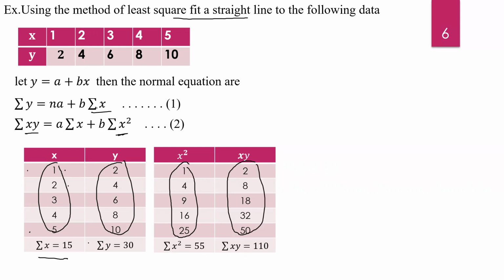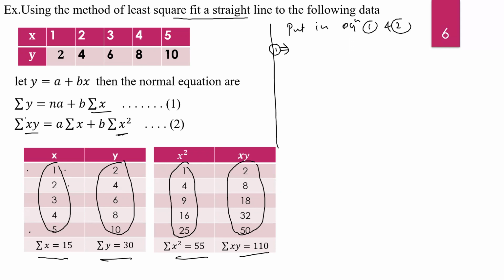Okay, now put all these values in equation 1 and 2. So first we write equation 1.